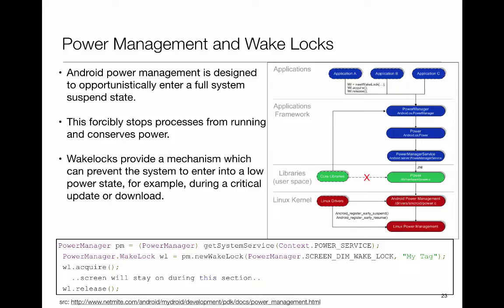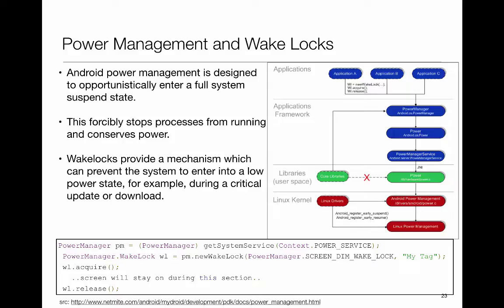You can specify different levels of wake locks, but the way you do this is you get a handle to the wake lock and say acquire, and after you have done your task, you say release. Between the acquire and release, the system will not go into sleep, based on your description of the wake lock.